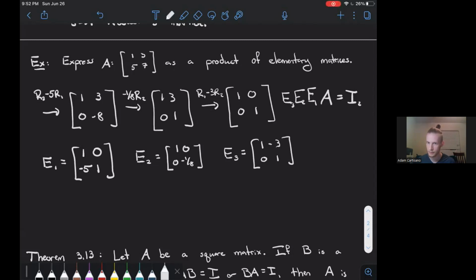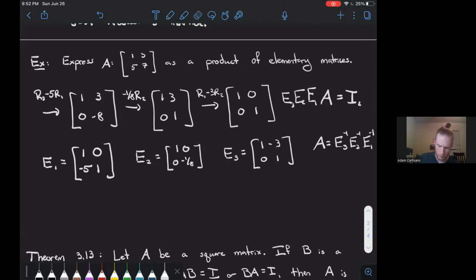Which means that A, we have to multiply both sides on the left by E3 inverse, then on the left by E2 inverse, and then on the left by E1 inverse. So that A is E3 inverse, E2 inverse, E1 inverse, multiplied in that order.